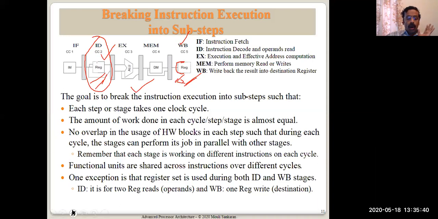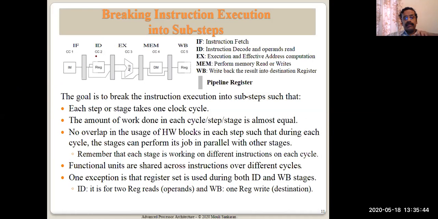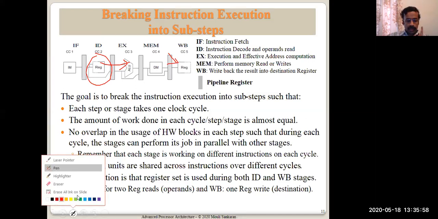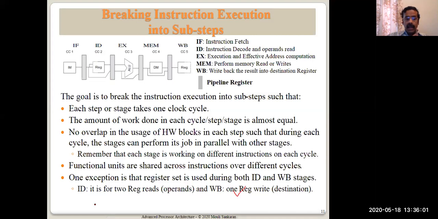So there is no harm. The register set should support multiple operands being read simultaneously in one half cycle, and in the other half cycle one result has to be written. Only one result will be written, not two. So one register write and two register reads happen in two different half cycles.